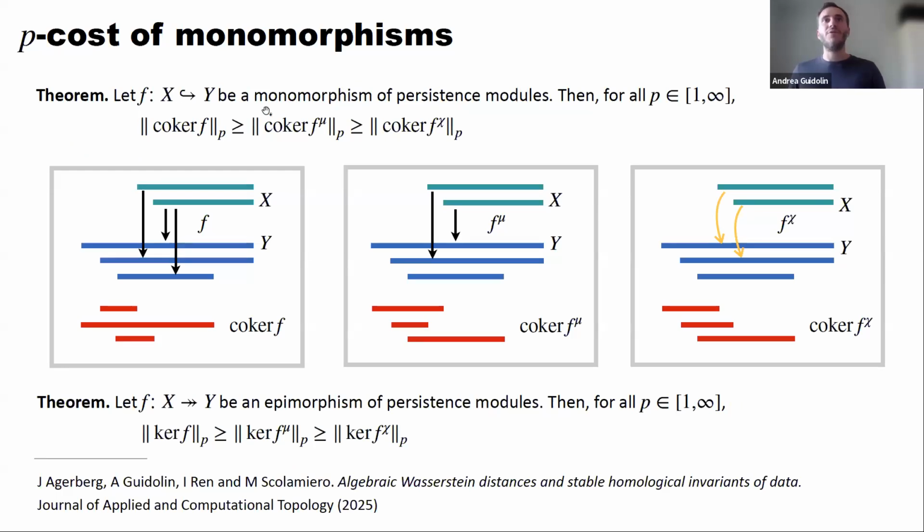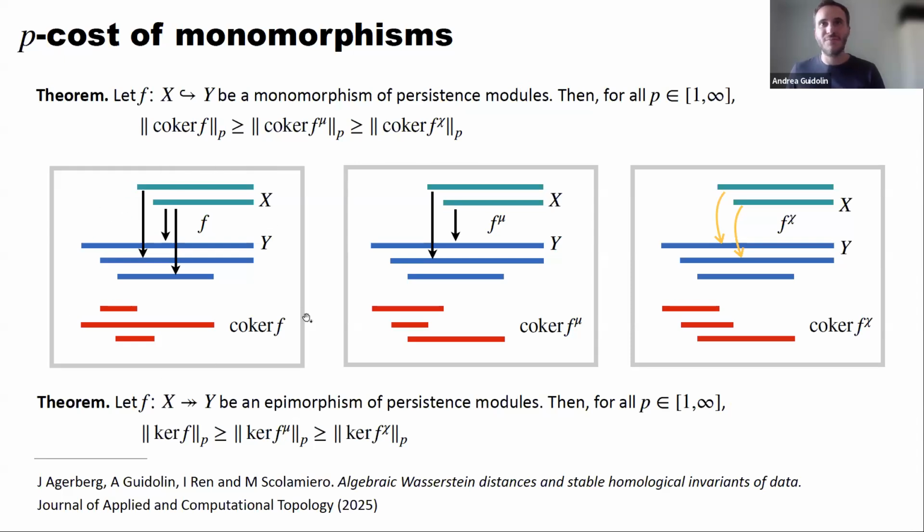Let F be a monomorphism between a persistence module X and a persistence module Y. Then the p-norm of the co-kernel of this monomorphism is larger than the p-norm of the co-kernel of the morphism associated with the matching mu that we defined, which in turn is larger than the co-kernel of the morphism associated with the matching defined by Bauer and Lesnick. So we have these inequalities between the p-norms of co-kernels.